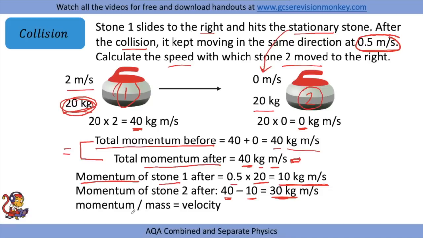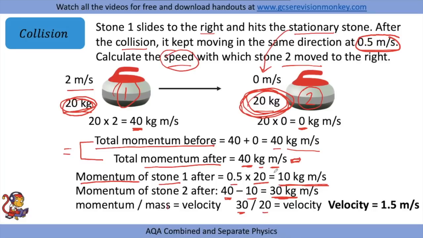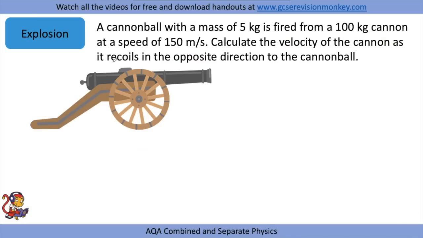So for stone 2, we can calculate the speed or velocity with which it moved to the right, because momentum equals mass times velocity, rearranged, gives us momentum divided by mass equals velocity. So if we take the momentum of 30, divide by the mass of the stone, which is also 20, this tells us that stone 2 moved away with a velocity of 1.5 meters per second.